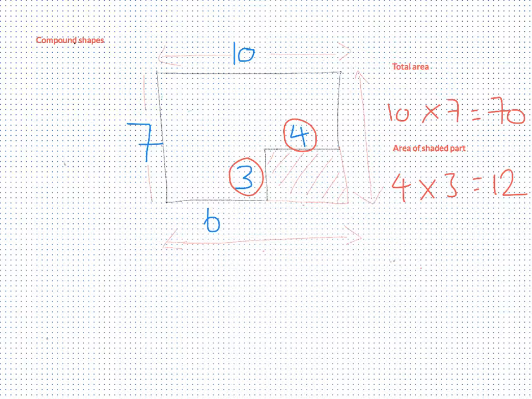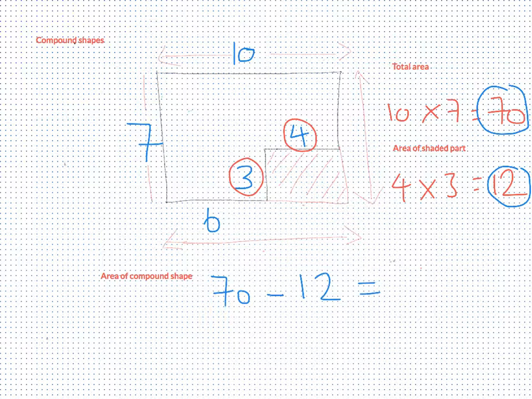And to calculate the area of the shape that we were given, so area of the compound shape, we would do that by taking the 70 that we calculated for the rectangle, this figure over here, 70, which is the total area, and subtract this small section that we decided to add on that wasn't originally part of the shape.